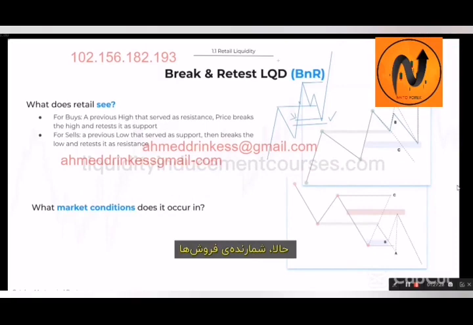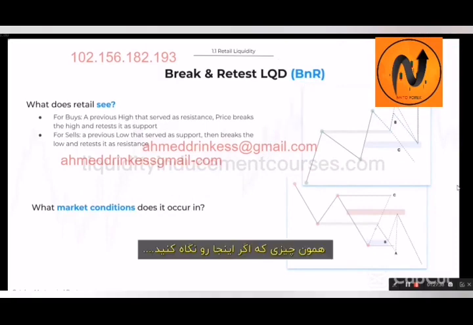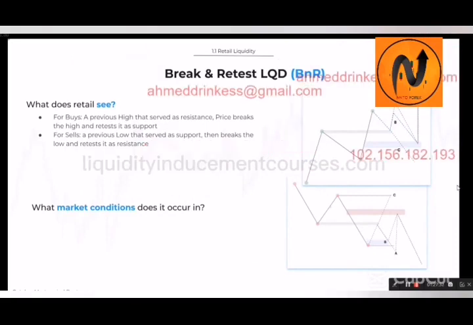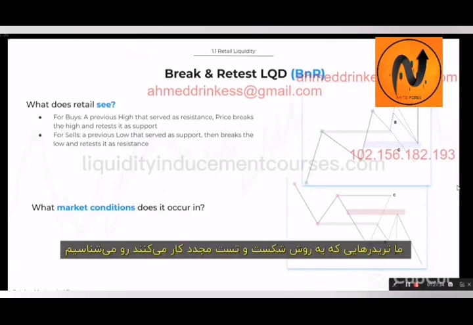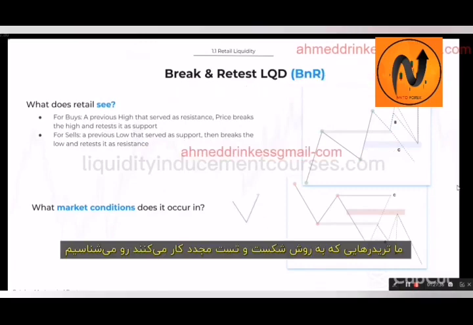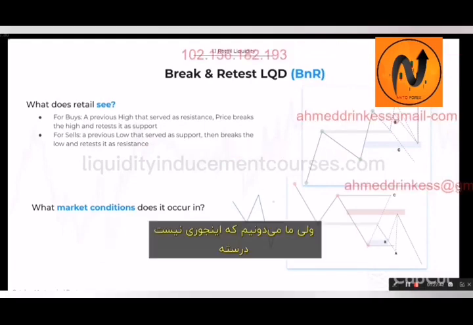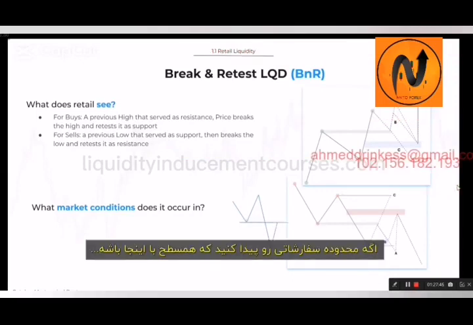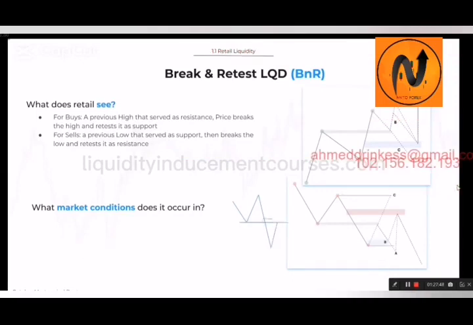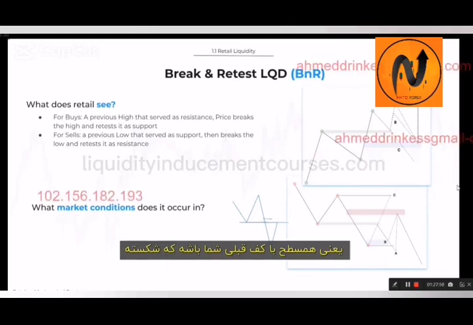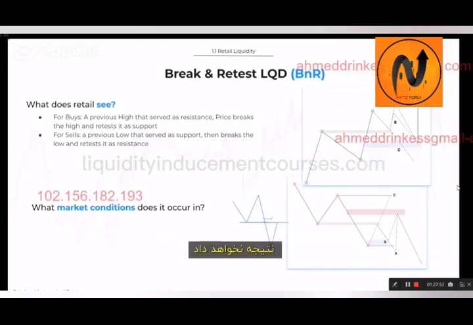Now, the counter for sells is the same thing. If we're looking over here, we know break and retest traders look for, oh, here the low is broken, here's going to be my order block right here. We know that that's not going to be the case. If you find an order block that aligns right here with your low that was previously broken, it's not going to work.